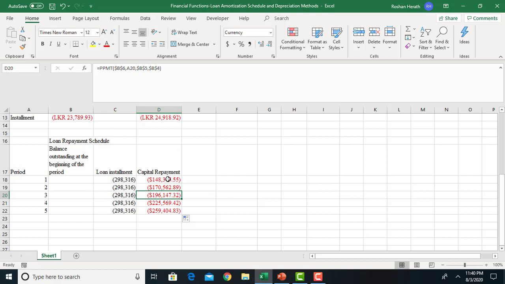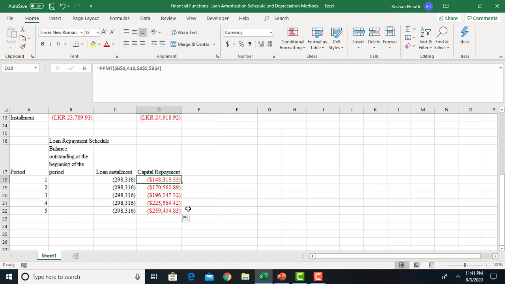Likewise, you can see at the initial period, the capital repayment is comparatively less. However, towards the end, the capital repayment is going to be a significant portion of the loan installment. If you especially refer to the final period, you can see that the capital repayment is 259,000, where the loan installment is 298,000.